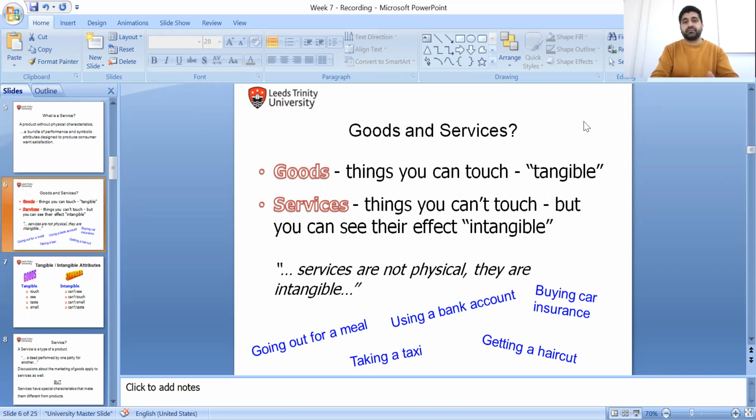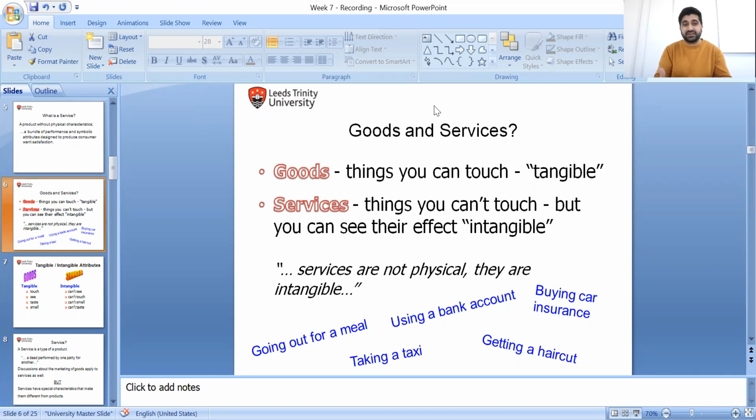Here we can see the difference between goods and services. Goods are things we can touch and feel, those are tangible. However, services we can't touch, but we can see the effects of them.